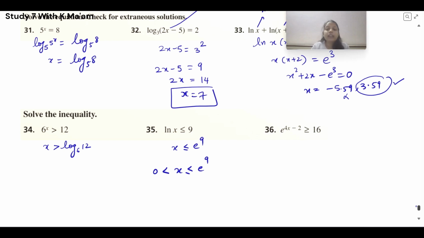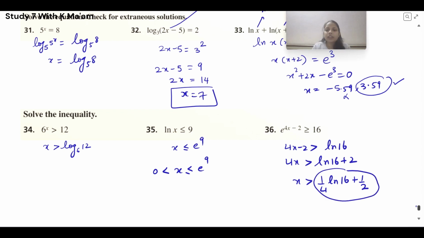Here you can take ln on both sides. I take natural log on both sides. Then 4x is greater than ln of 16 plus 2, divided by 4. That is 1 by 4 log 16 plus 1 by 2. This number is greater than 0 anyway, so there is no problem here.